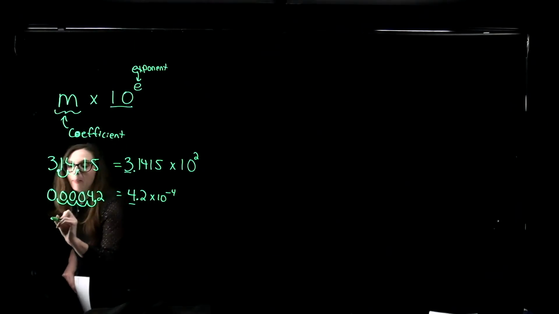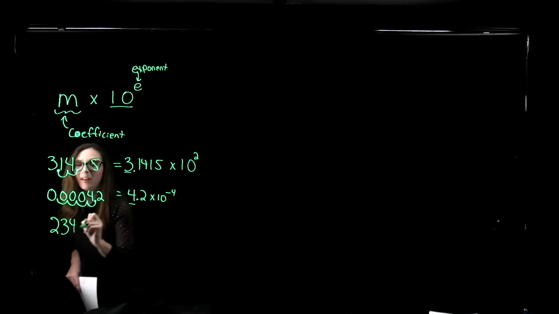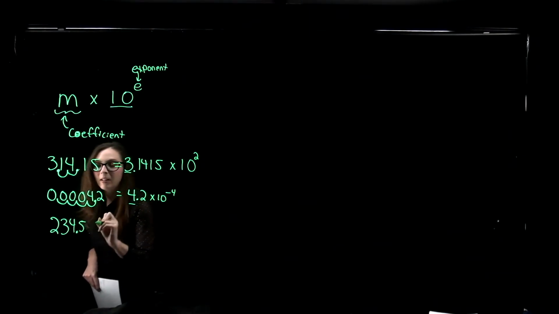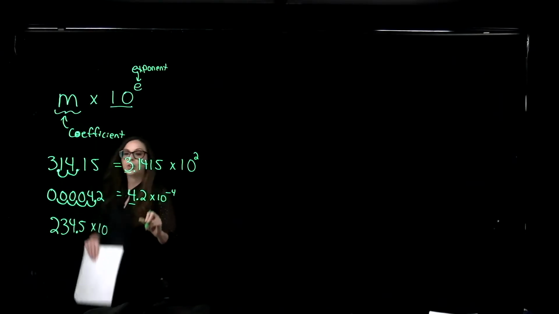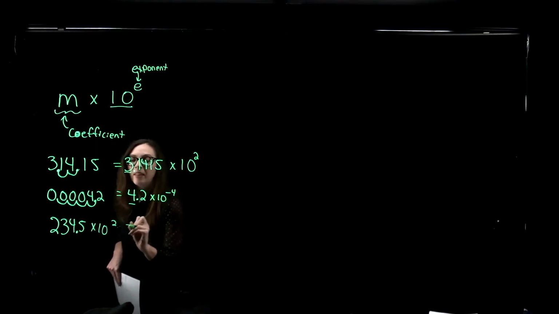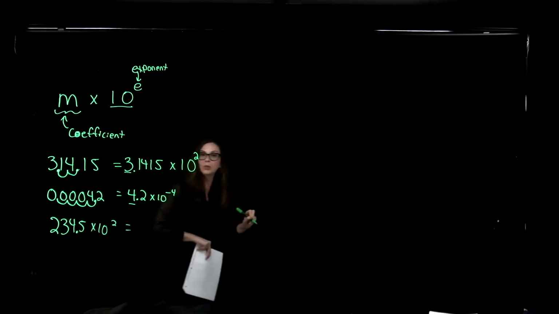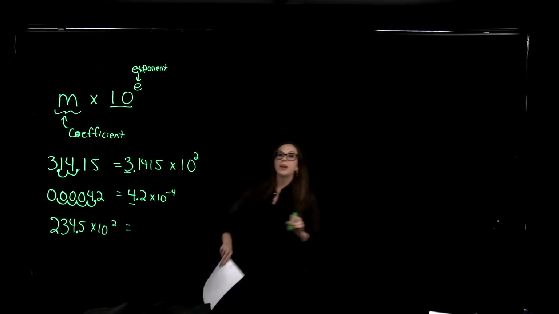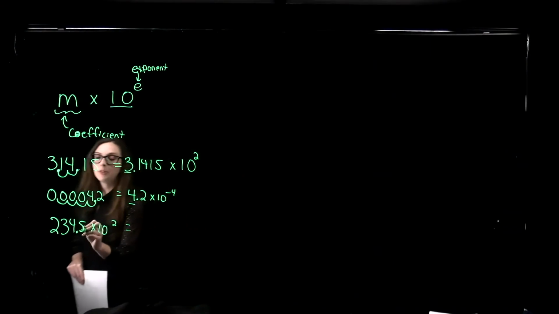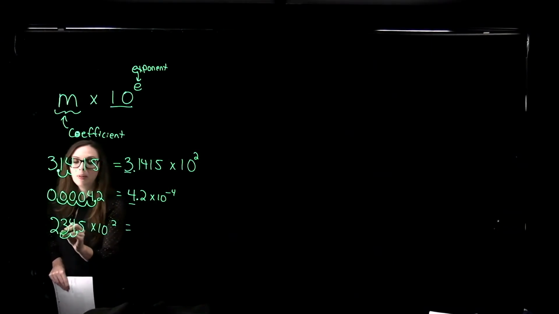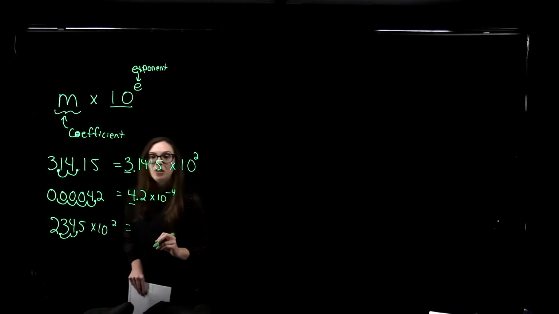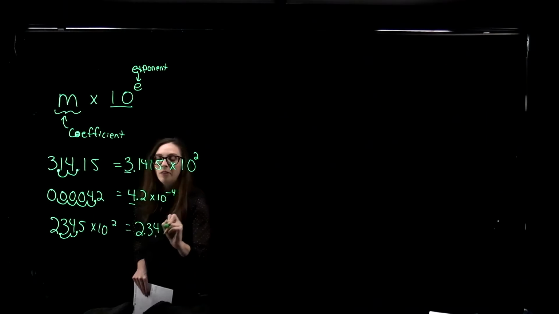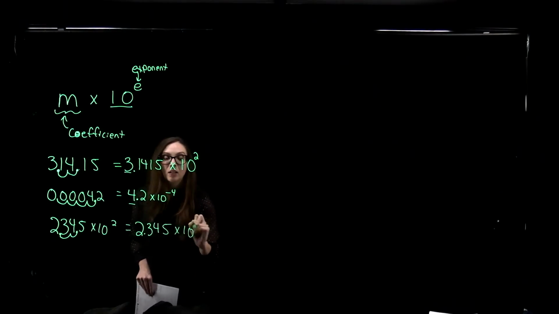Now what if you happen to see, sometimes we do this in science, 234.5 times 10 to the 2. This number is not in normalized scientific notation. To put it in normalized scientific notation, I still have to move my decimal spot 1, 2 places to the left. So if I do that, my number becomes 2.345 times 10 to the what?